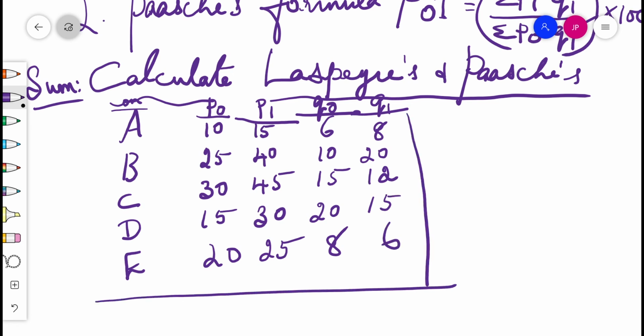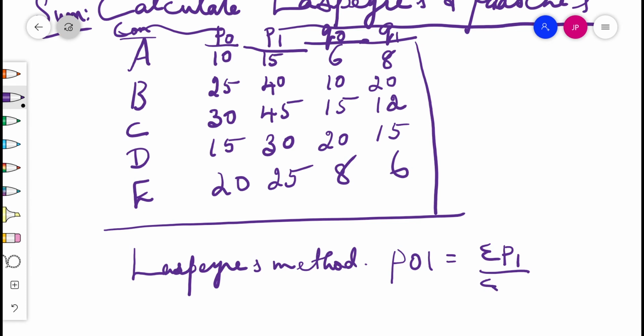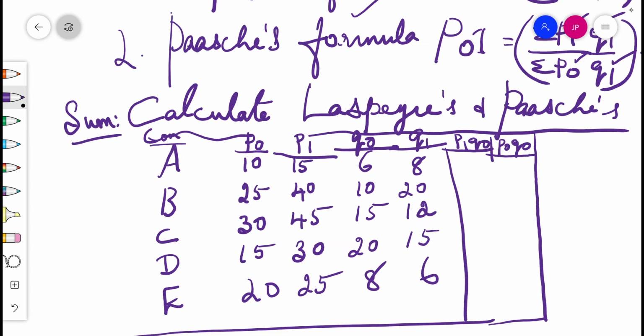Then as per the formula, what do we need? If you are taking the Laspeyres method, write the name of the statistician and the formula: P01 equal to sigma P1 by sigma P0, with Q0 on both sides, multiplied into 100. So the next column will be P1 Q0 multiplication and the next column P0 Q0 multiplication. In both cases only Q0 is considered.